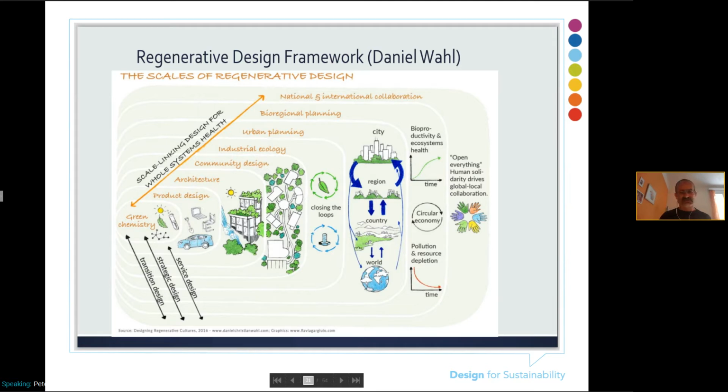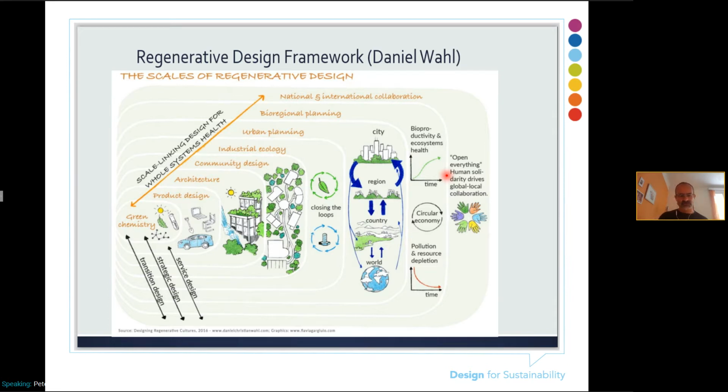So basically, it was just another few words about what regenerative design is about in explaining Bill Reed's concept of moving from sustainability via restoration into regeneration. But another part of it is that regeneration has to take place at a lot of different scales.